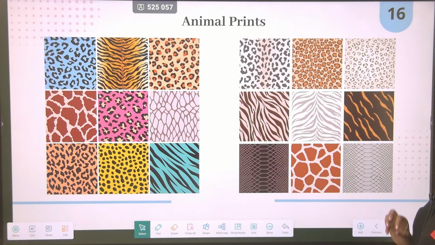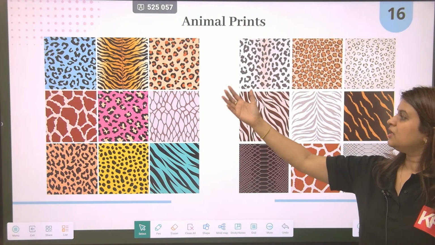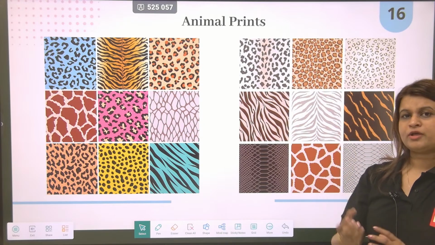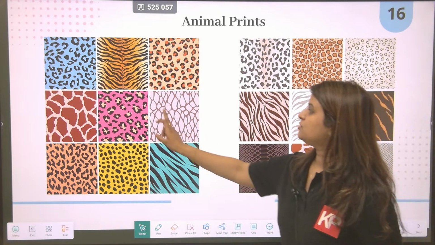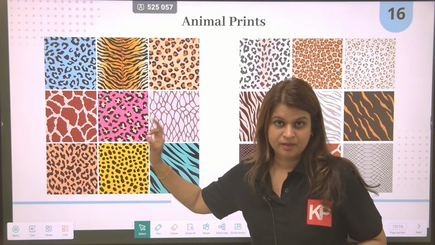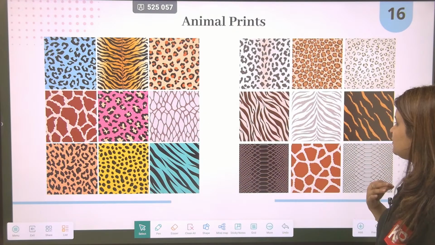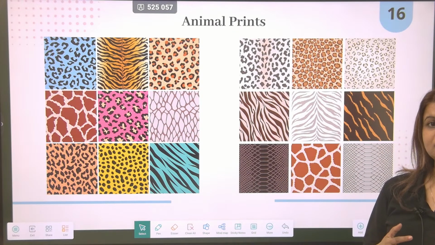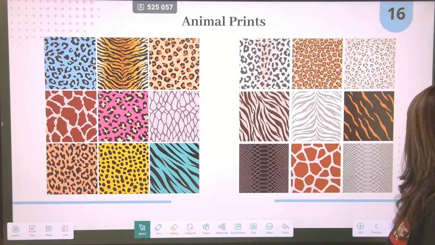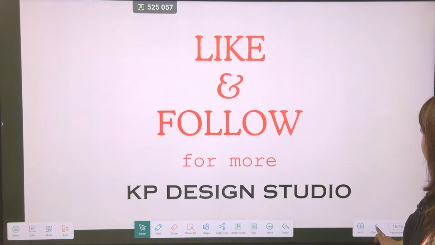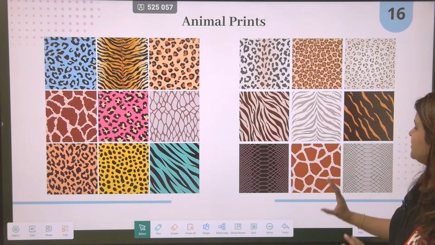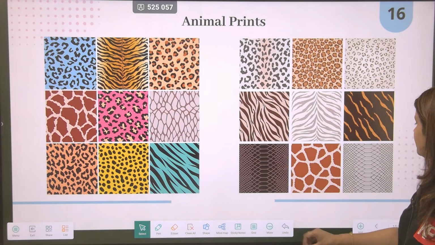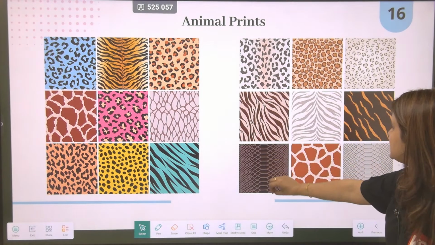These are some of the examples of animal prints. Here you will see that they resemble the skin texture of the animal, and you can vary the colors a little bit accordingly. For example, this is a variation. You can take that artistic leverage to change certain aspects, keeping in mind the end use of your clients. So practice as much as possible. If you look at this pattern, you would know that this could be snake skin.